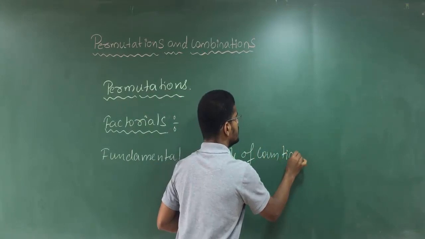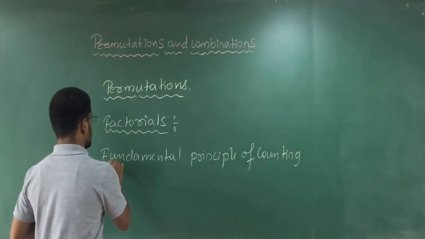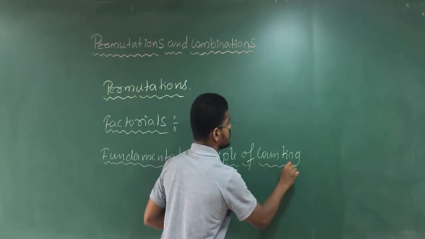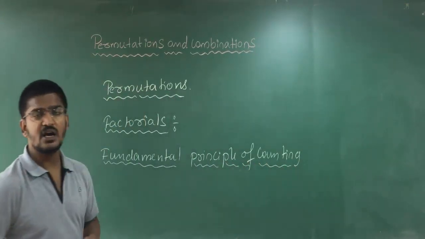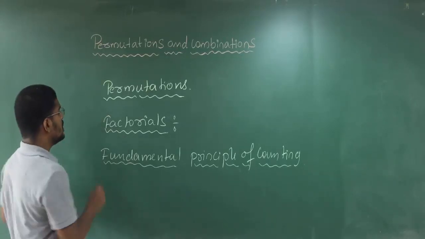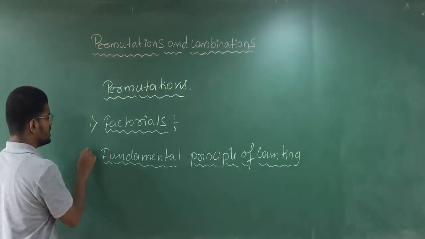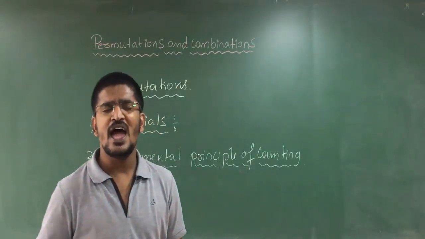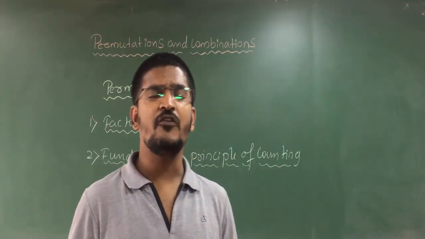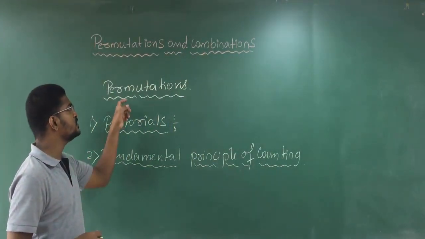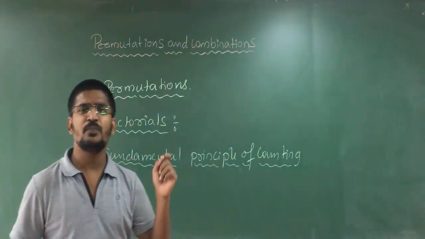Clear? So these basics you must know before going to any permutation or combination concept. I will first go for factorials, next the fundamental principle of counting, and then the definition of permutations, because these two are very essential to understand what permutation is.